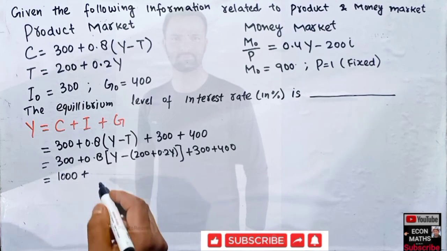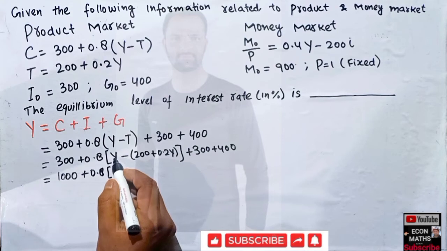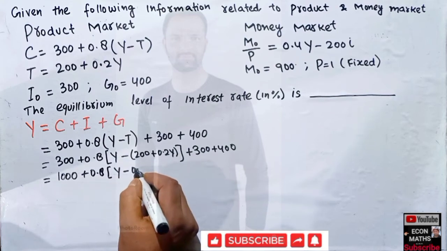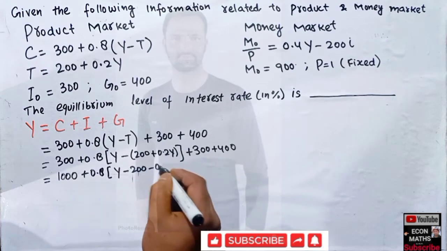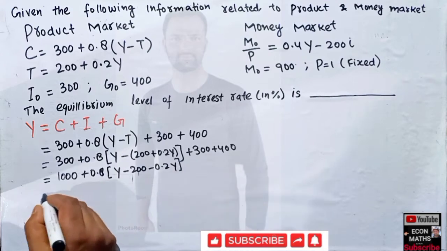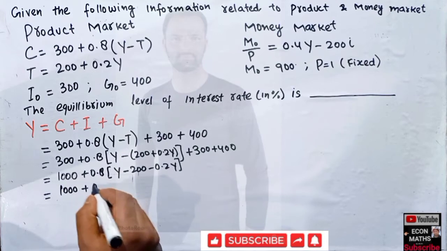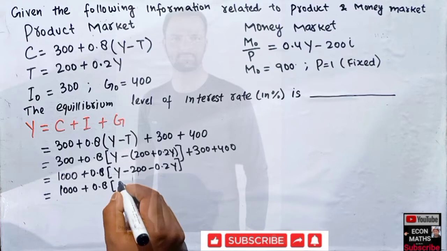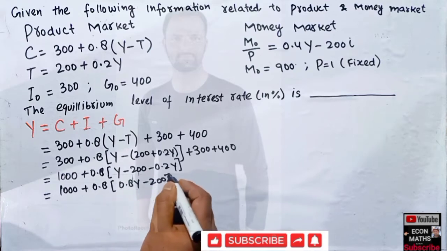Plus 0.8 times (y minus 200 minus 0.2y), or we can write it like this: 1000 plus 0.8 times (y minus 0.2y, which comes out to be 0.8y, minus 200).